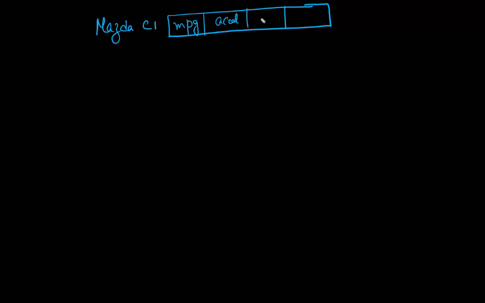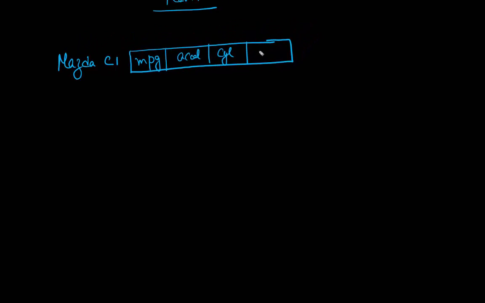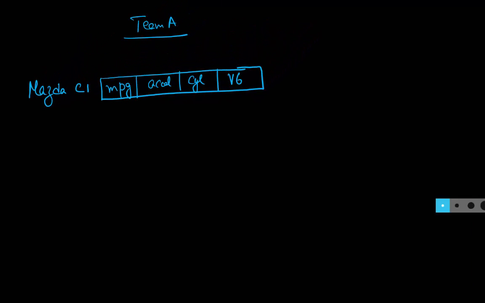Let's say Mazda C1 is the name of the car, and team A is responsible for, let's say, 4 of these variables or attributes: MPG, acceleration, number of cylinders, let's say it's a V4 or a V6, right?